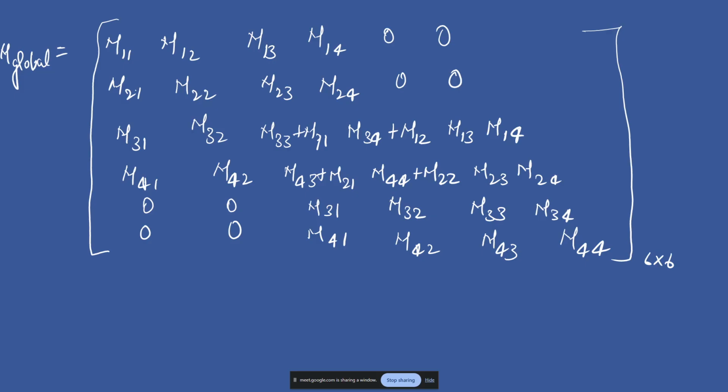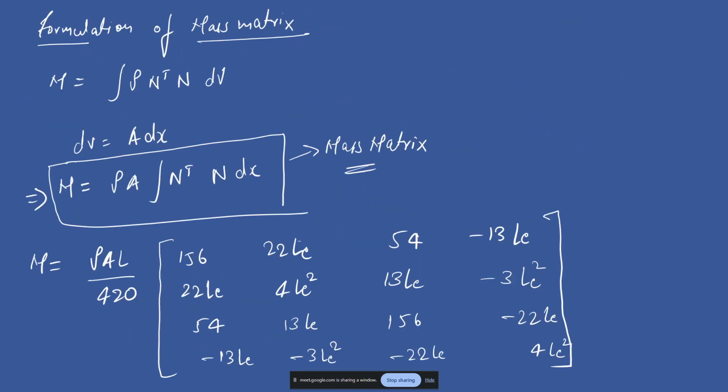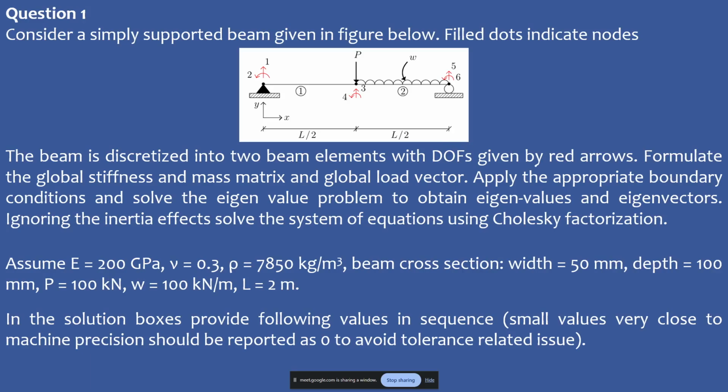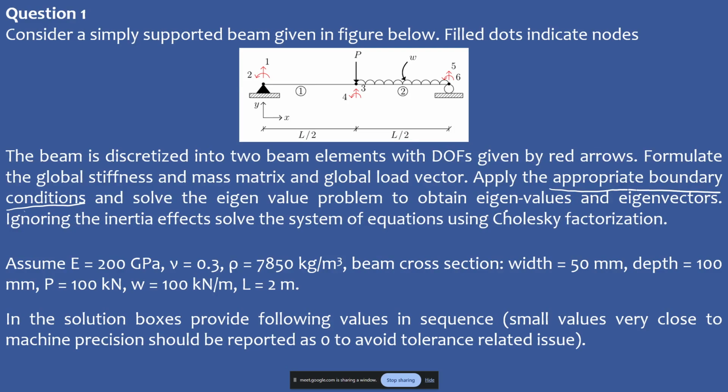Utilizing K global and M global, this was the initial part of the problem as mentioned here. You need to apply the appropriate boundary conditions and solve the eigenvalue problem to obtain the eigenvalues and eigenvectors. First of all, we need to formulate the global stiffness matrix and the mass matrix.